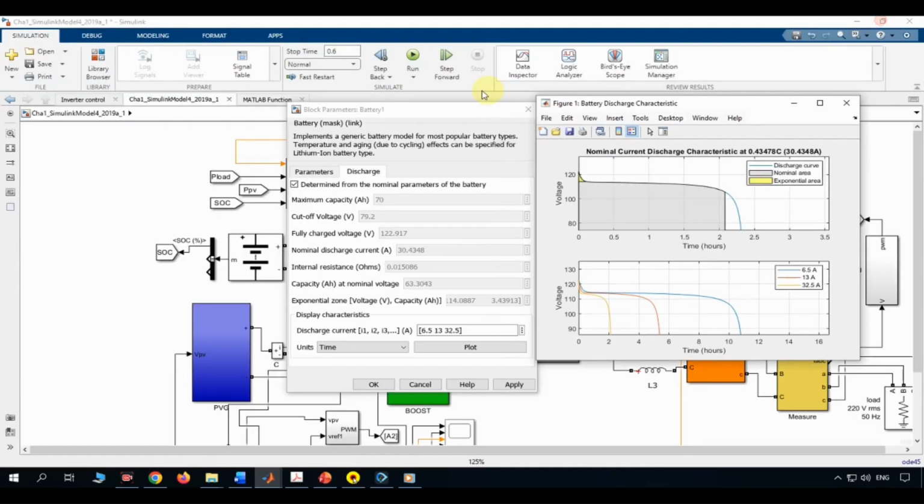So to summarize, this battery block isn't just a voltage number, it's a full electrochemical discharge model. You define the pack architecture through nominal voltage and capacity, expressed here as series times parallel multiplication for clarity. Simulink then automatically derives a realistic discharge curve, cutoff voltage, fully charged voltage, internal resistance, and the exponential to nominal to cutoff curve shape, matching real lithium-ion battery behavior.